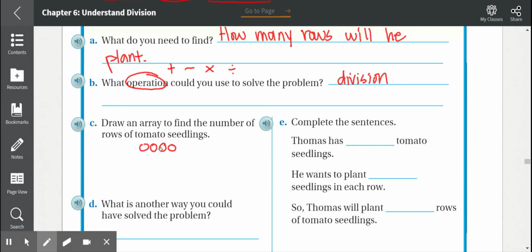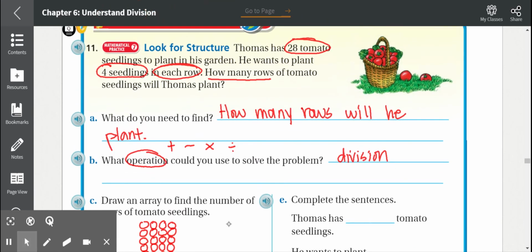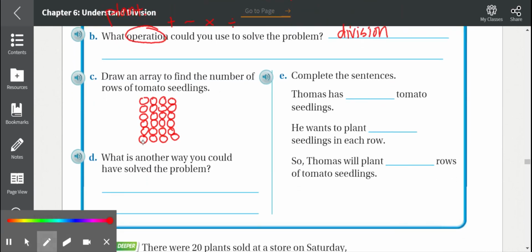So that's 1, 2, 3, 4, 5, 6, 7, 8, 9, 10, 11, 12, 13, 14, 15, 16, 17, 18, 19, 20, 21, 22, 23, 24. Is it 24? No. Okay, 24, 25, 26, 27, 28.